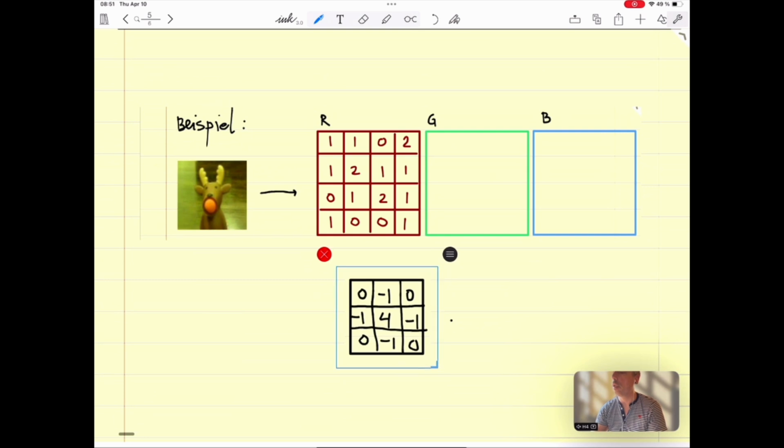Okay, so this is a 3x3 attention kernel.